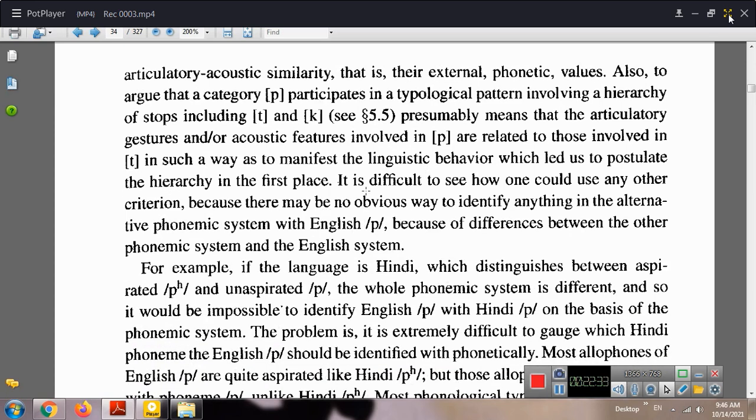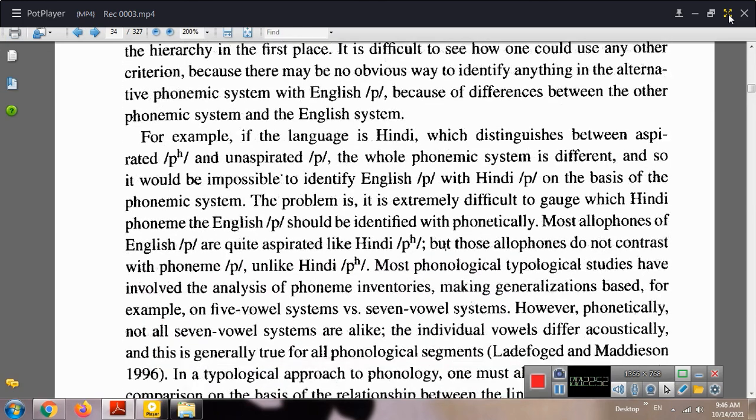It is difficult to see how one could use any other criterion, because there may be no obvious way to identify anything in the alternative phonemic system with English P, because of differences between the other phonemic system and the English system.